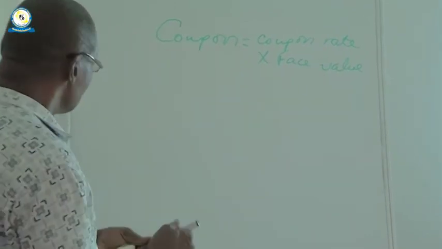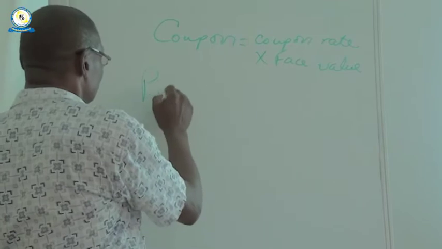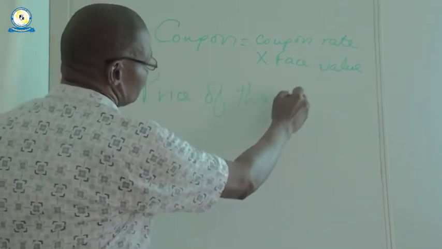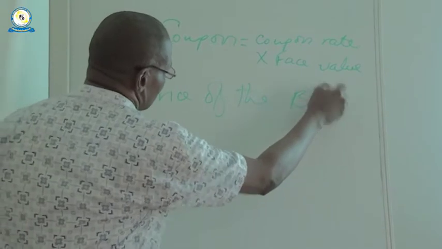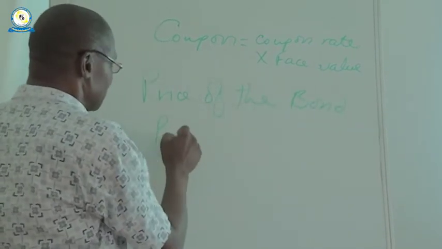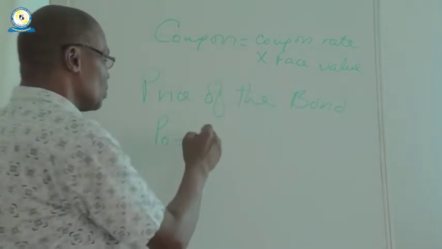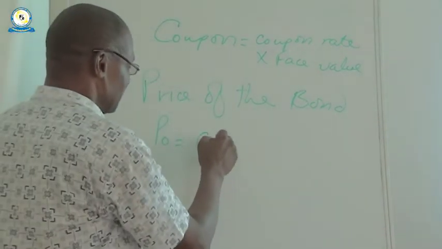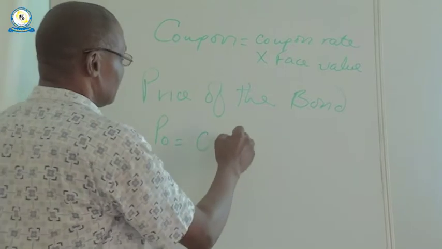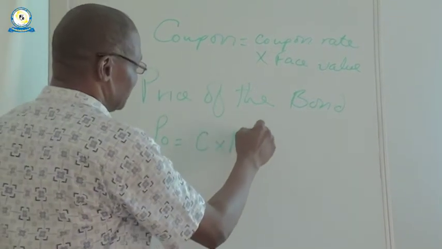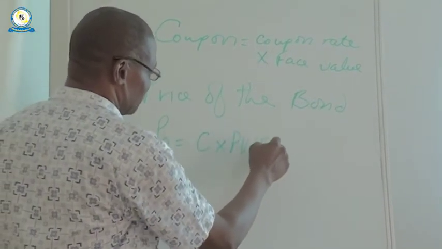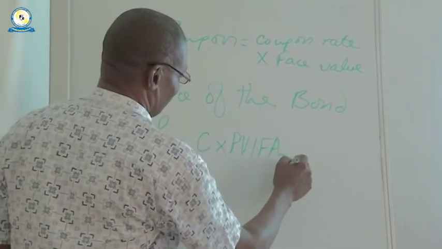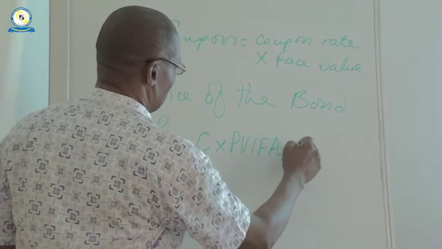Now, to get the price of the bond, we call it P naught. It means you take the coupon times the present value interest factor of annuity at R for M periods, plus.